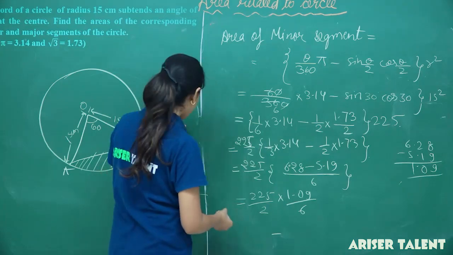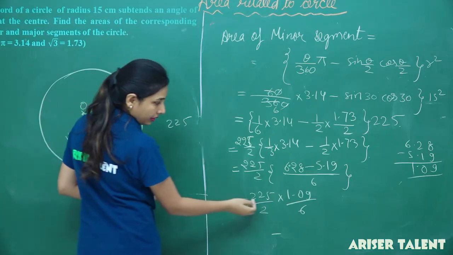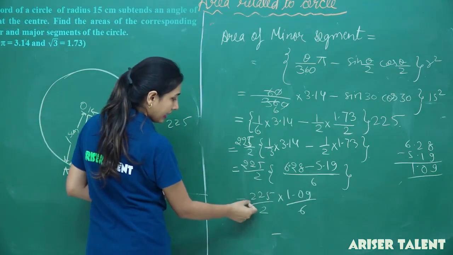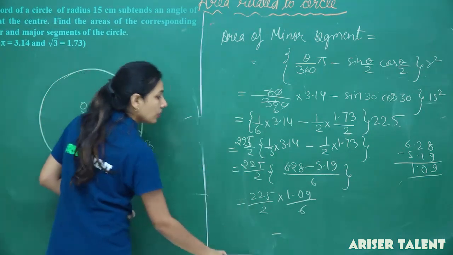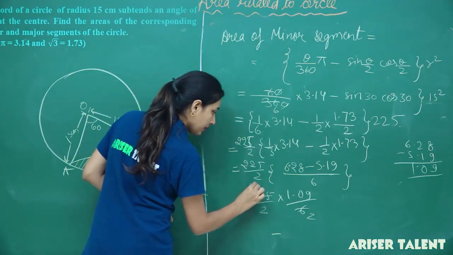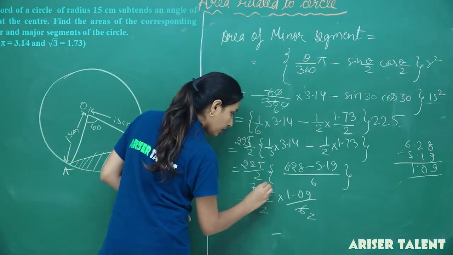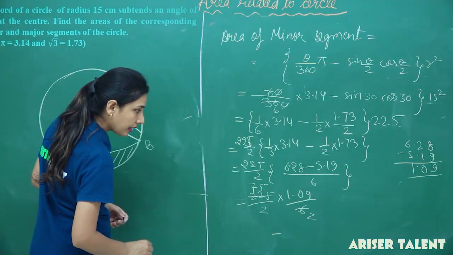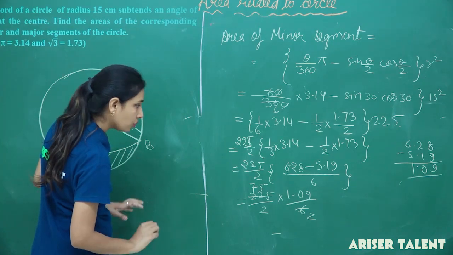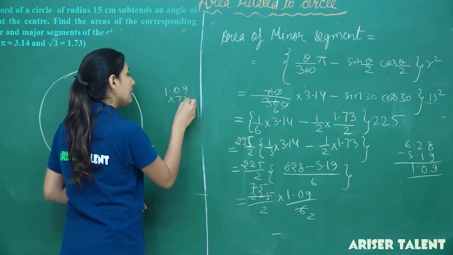So I can just write this 225. It can be cut by 3. So 3 2s are 6, and 3 7s are 21, so 75. Right. Now can I cut it further? No. So that will be 1.09 multiplied by 75.